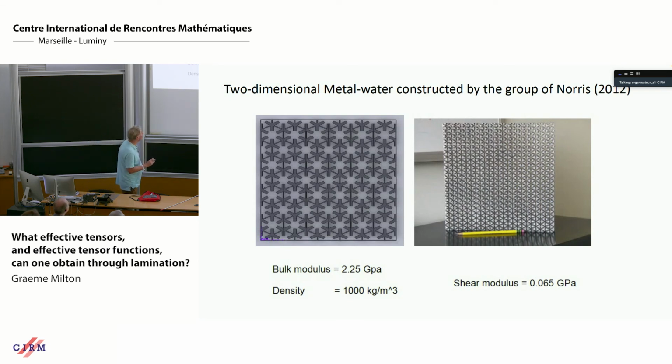The group of Andrew Norris was interested in using these for cloaking. Pentamode Materials are also of interest for cloaking, and they built what they called meta-water.